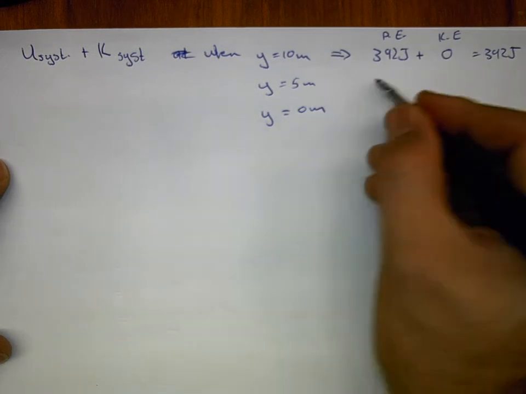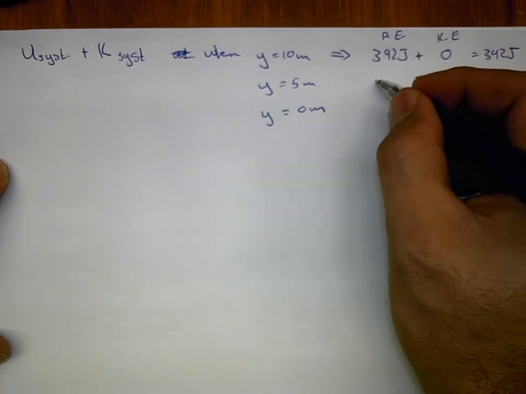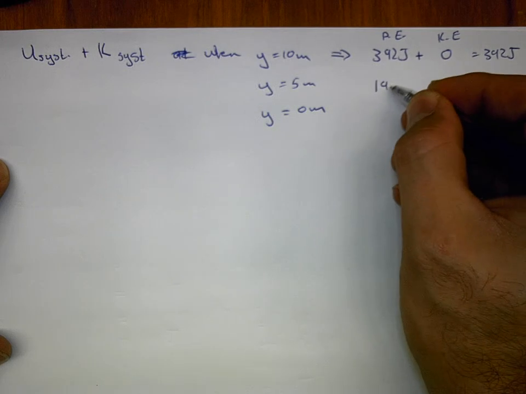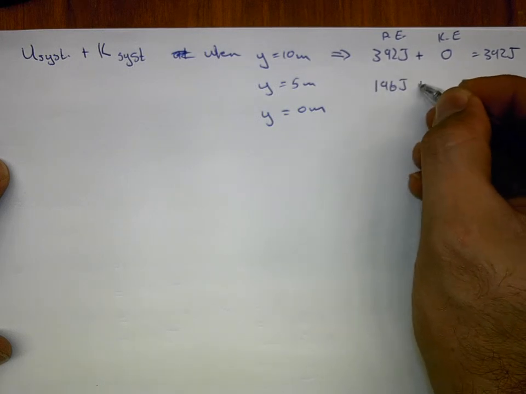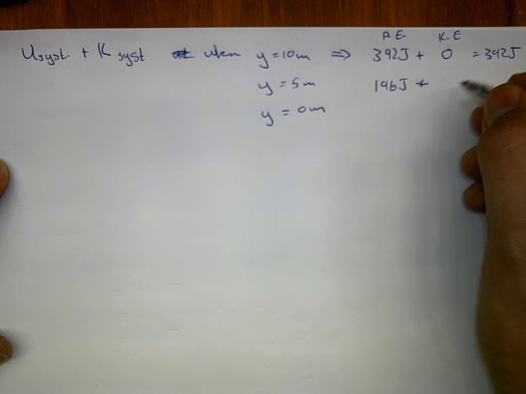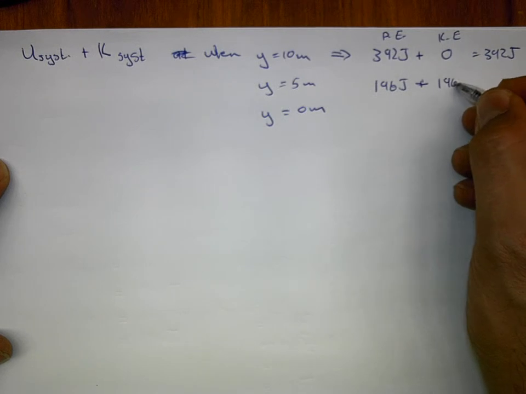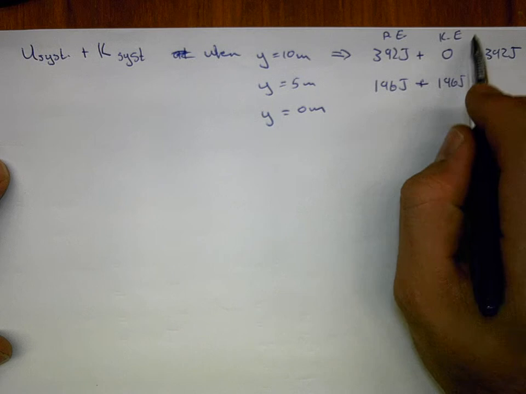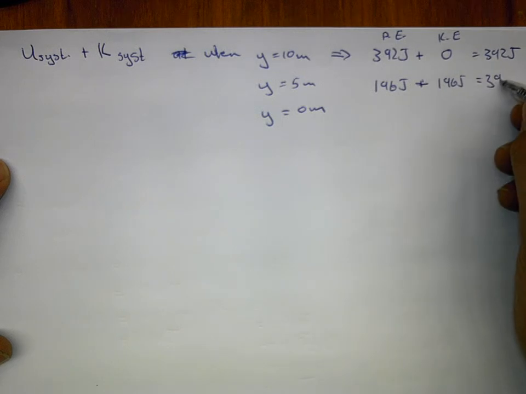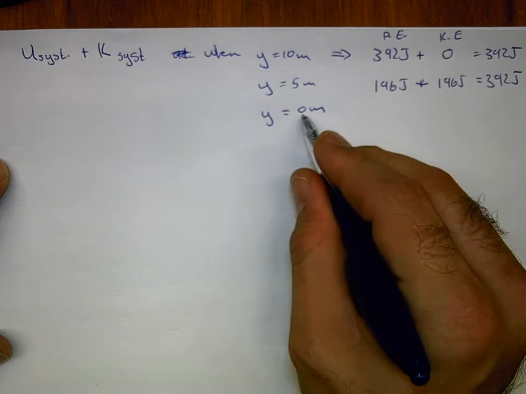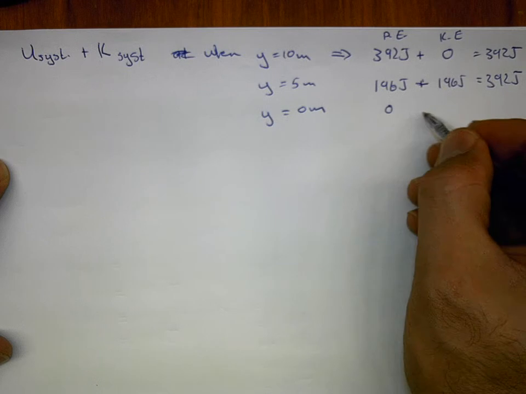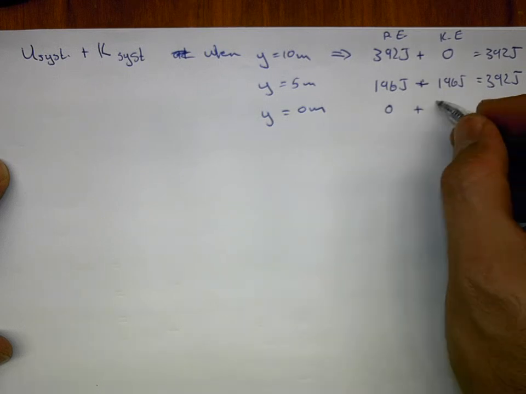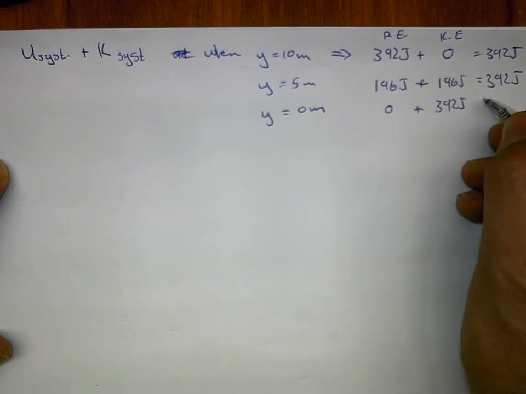Here we had that the potential energy was 196 joules, and we had that the kinetic energy was also 196 joules. So the answer we get if we add the total potential energy and the total kinetic energy together is again 392 joules. And over here we had no potential energy, just kinetic energy, which again gives us the same number.